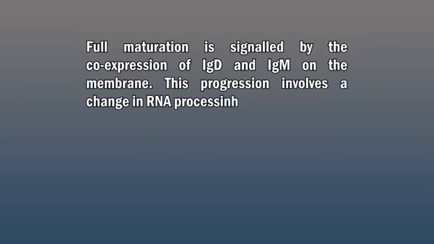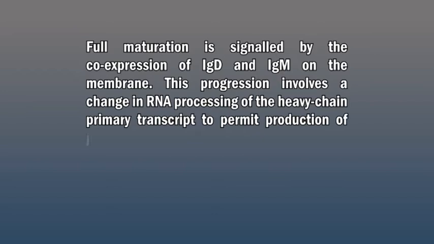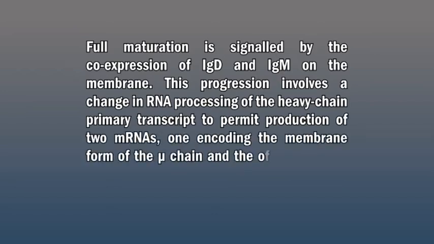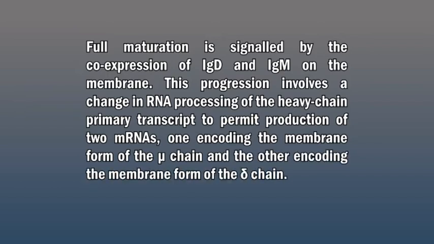This progression involves a change in RNA processing of the heavy chain primary transcript to permit production of two mRNAs, one encoding the membrane form of the mu chain and the other encoding the membrane form of the delta chain. Thus, IgD is a characteristic cell surface marker of matured naive B cells.